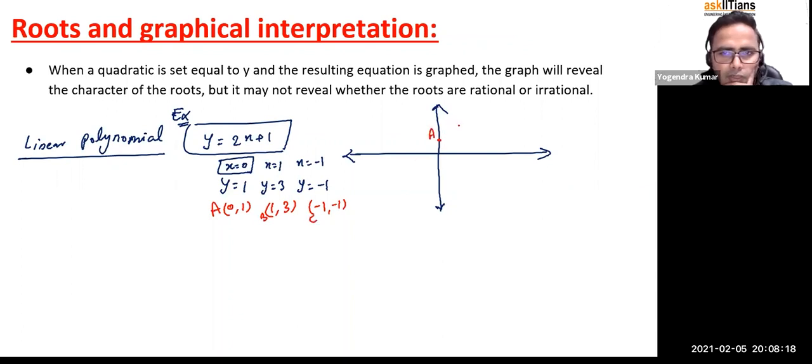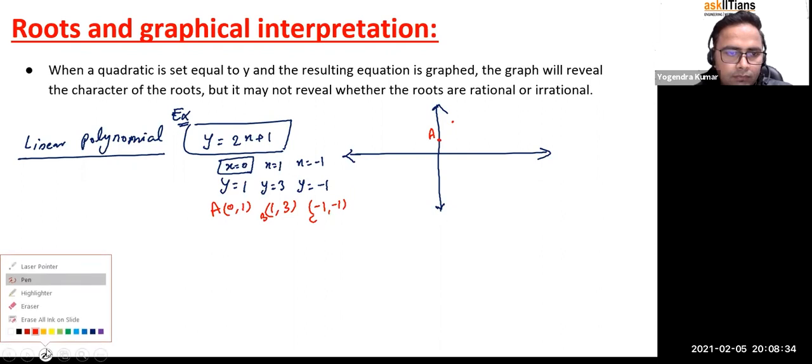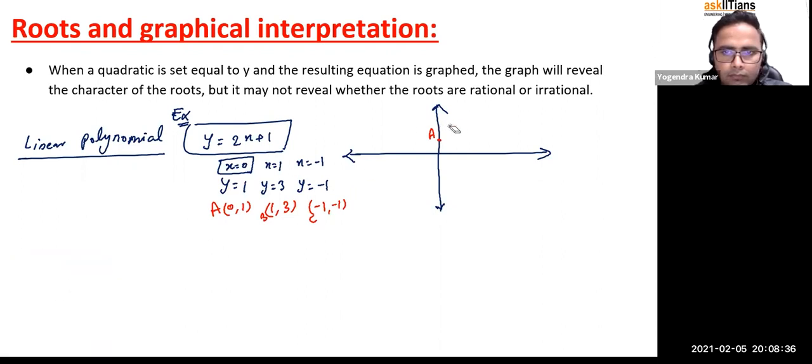Now (1, 3) is going to be here. I should make it more this side. And then this one, -1. This is my B point and this is my C point, right?